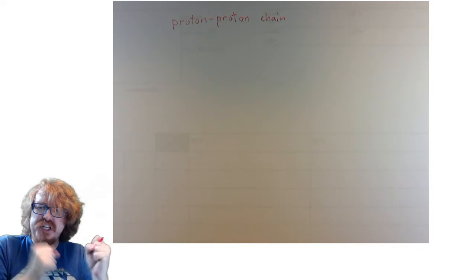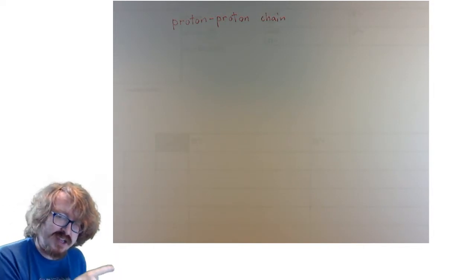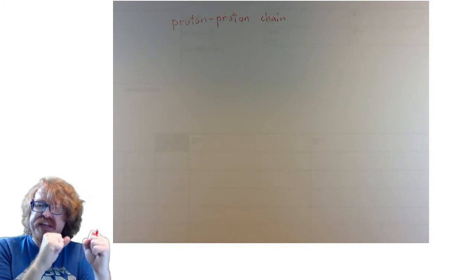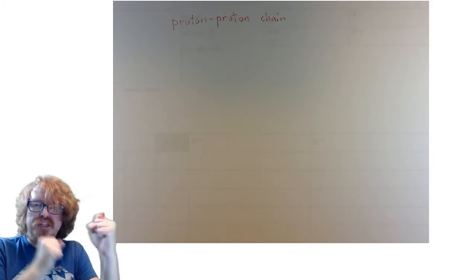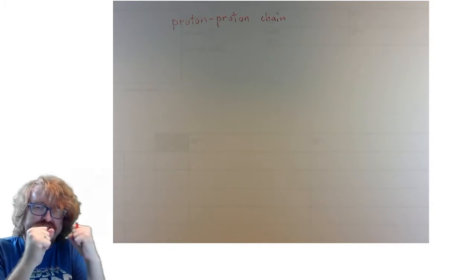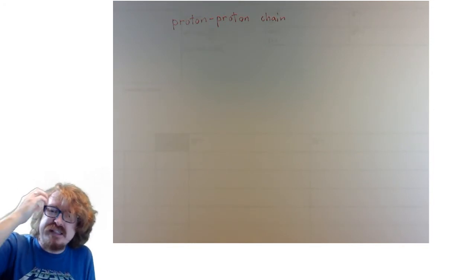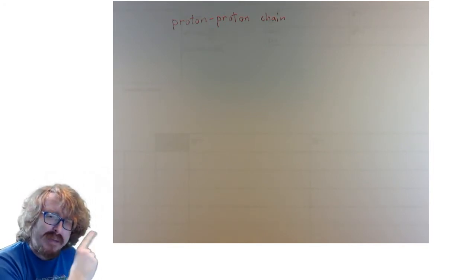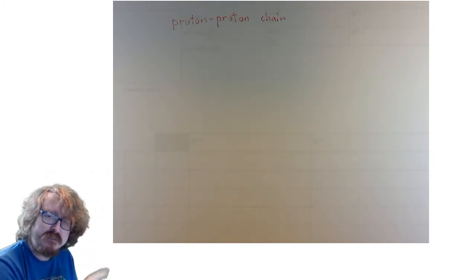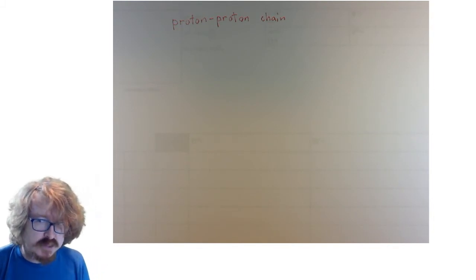If you get some atoms in a place as hot as the center of the sun, the electrons that are attached are moving so fast, they get so much energy that they essentially pop off of the atoms. So all of the atoms I'm about to tell you about in this process have lost all of their electrons, okay?